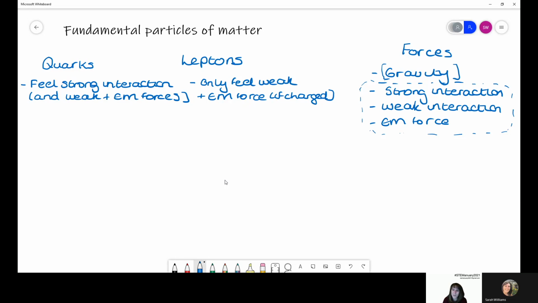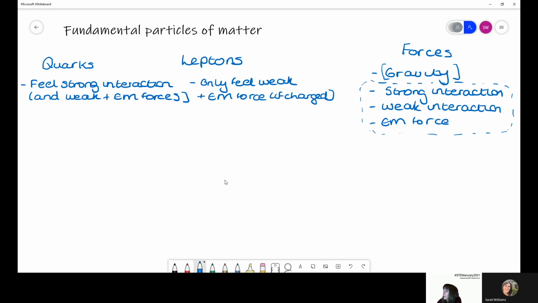However, when we move to the quantum realm and start considering fundamental particles, we have to consider forces as behaving very differently. In particular, we view forces as being caused by the exchange of particles that we refer to as gauge bosons. And if this is all a little bit bizarre to you, please don't worry. Those of you that go on and study particle physics further will have lots more opportunities to think about this.